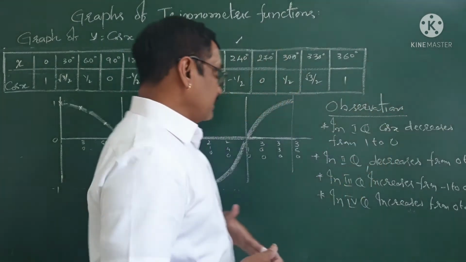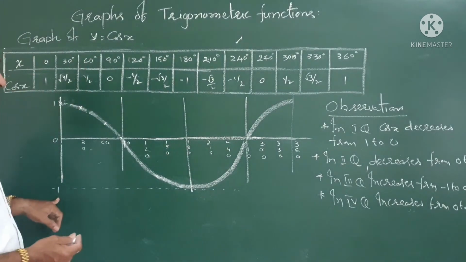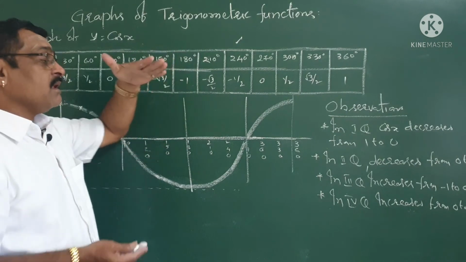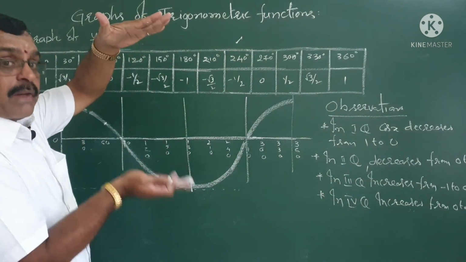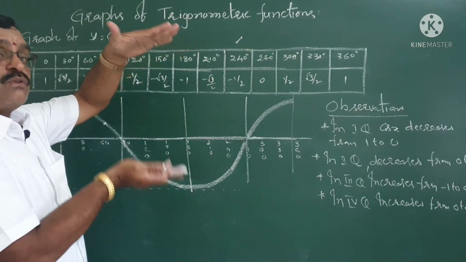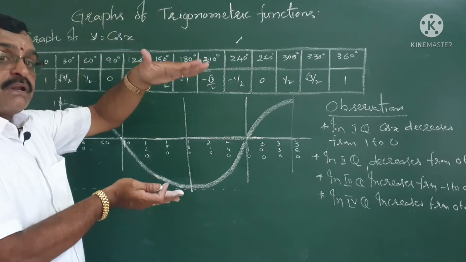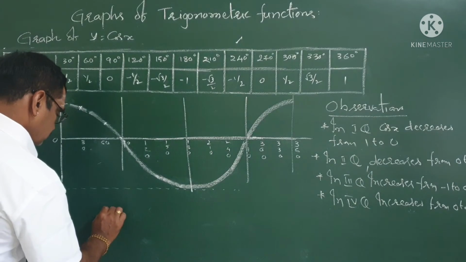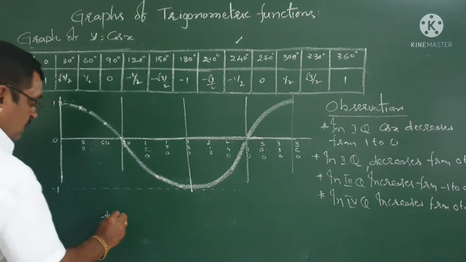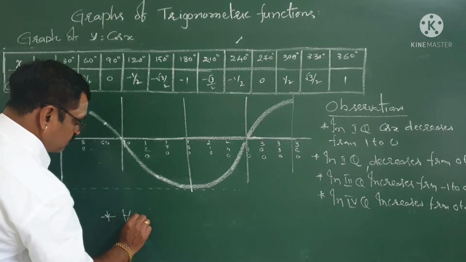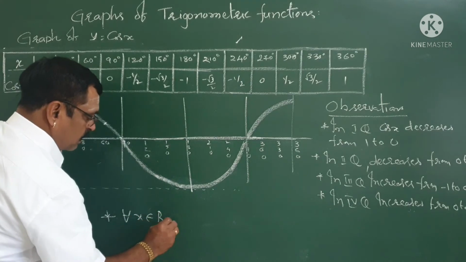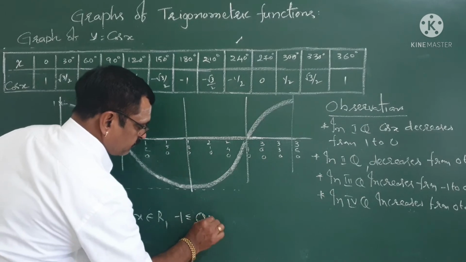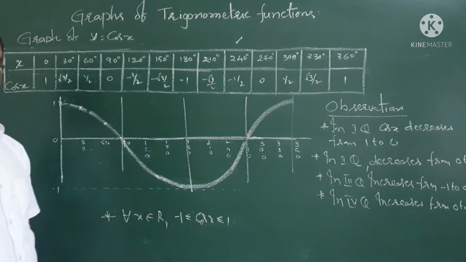My cos never comes down below minus 1 and never goes up above 1. That means the cos always lies between minus 1 and plus 1. So the lower limit is minus 1, the upper limit is plus 1. That is my next point: for all values of x belonging to R, minus 1 is less than or equal to cos x, which is less than or equal to 1.